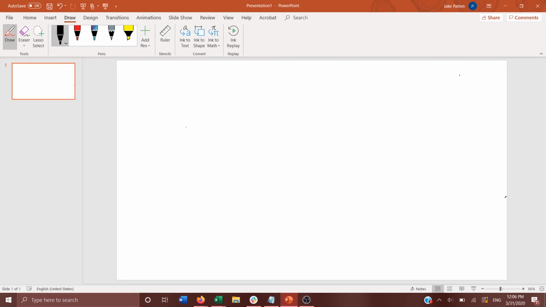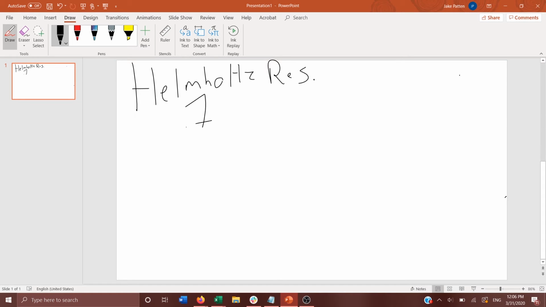The next thing is a Helmholtz resonator. Maybe the problem is I write my titles way too large. How many resonant frequencies does a Helmholtz resonator have? It only has one resonant frequency, just one.